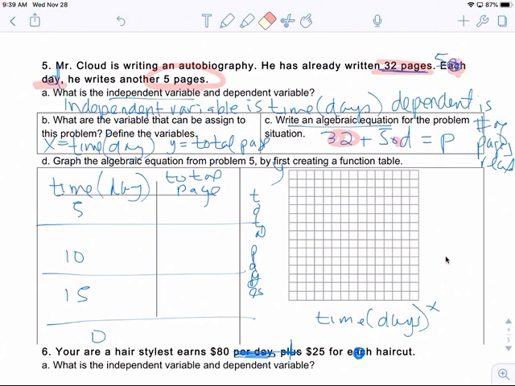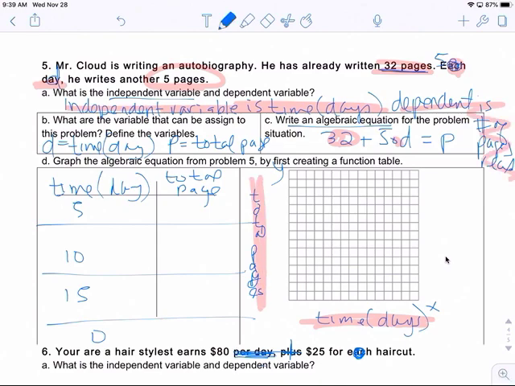Now, if I want, I can keep this, D and P, it's fine, but then you need to define D for the time in days, P for the total pages you've read. You need to define the variable: whatever the independent variable is, that's the wording for X. The dependent variable is the wording for Y.